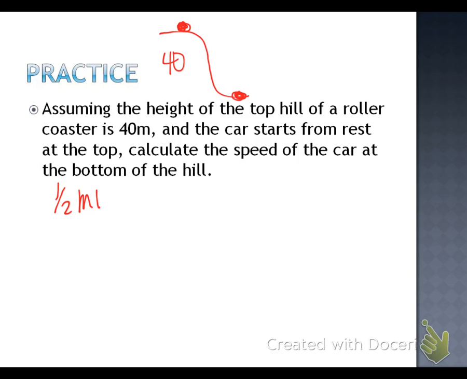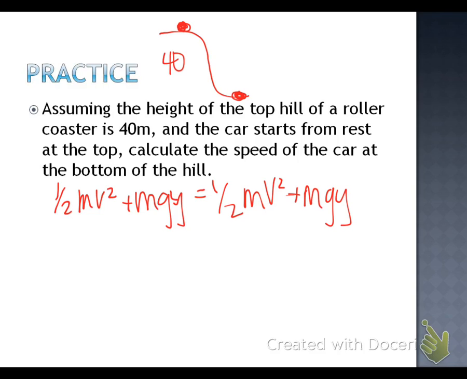1/2 mv squared plus mgy equals 1/2 mv squared plus mgy. All right, so at the top here, at the beginning of our path, what types of energies do we have? Potential. Only potential. Okay, we don't have any kinetic energy because it's not moving.